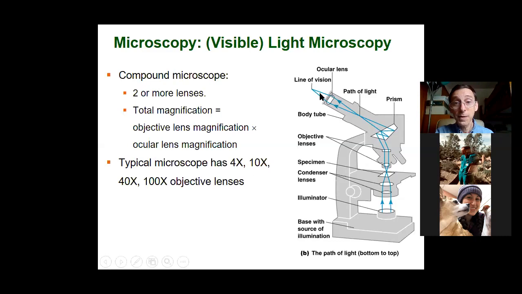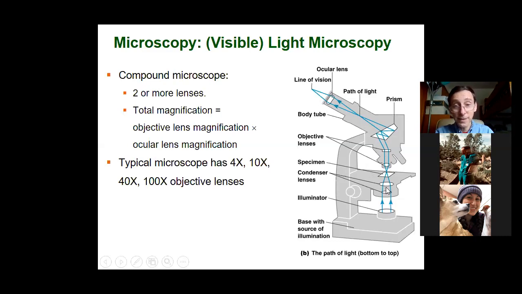We will be talking about most of these parts that you're seeing here. So you should know these parts. The ocular lens, you don't need to know the line of vision or the path of light. You don't need to know about the prism, but you should take a look at the objective lenses. And really don't need to know about the specimen. That's what you'll be observing.